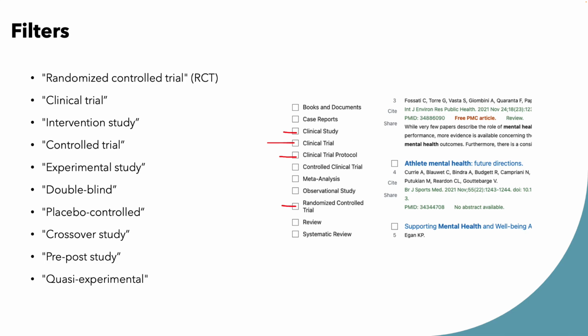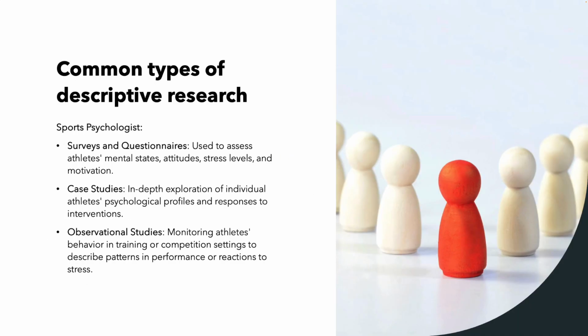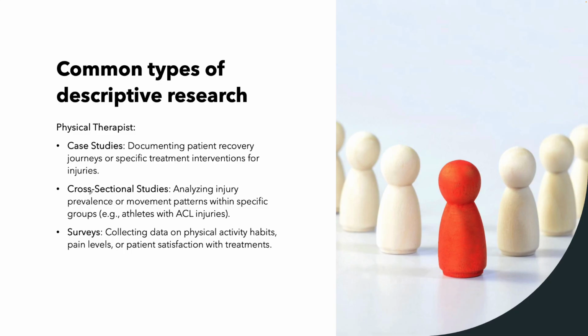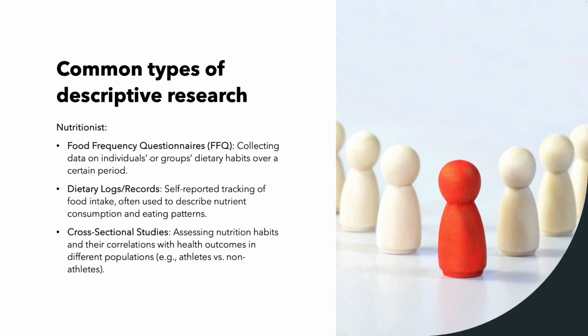Now, the reason I'm showing you this is because you will all have different types of designs, right? Sports psychologists might use surveys and questionnaires. So you'll have to tell PubMed to find that for you. Physical therapists might use a combination of both, but these are the studies that might be most prevalent in physical therapy. Biomedical and nutrition would be, if I'm doing descriptive, it would be this, right?